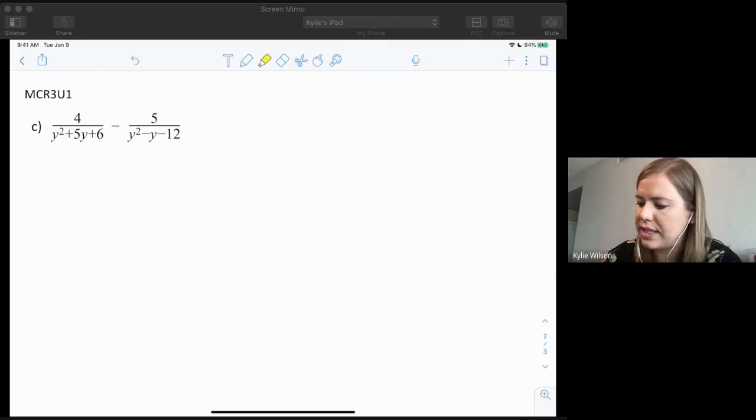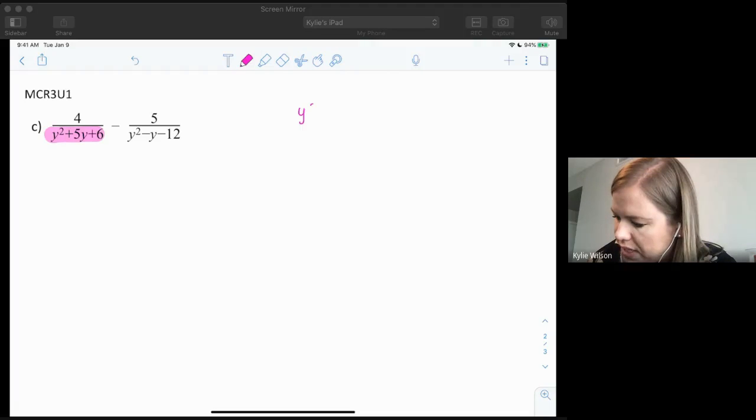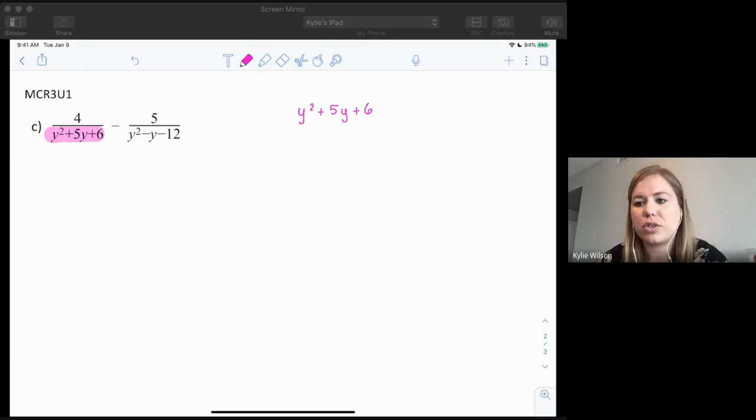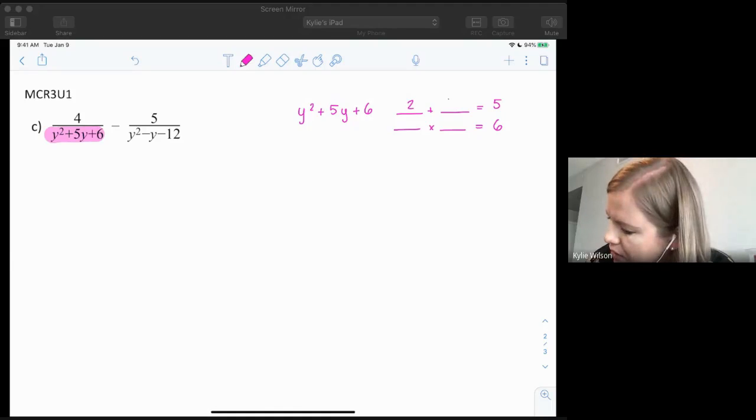And just to get some extra factoring practice, I'll factor them off to the side so we can do the whole factoring process together. So for this first one, we have y squared plus 5y plus 6. So we're looking for two numbers that add to our middle number, which is 5, and multiply to our last number, which is 6. So those numbers will be 2 and 3.